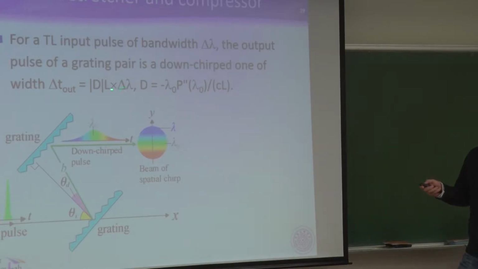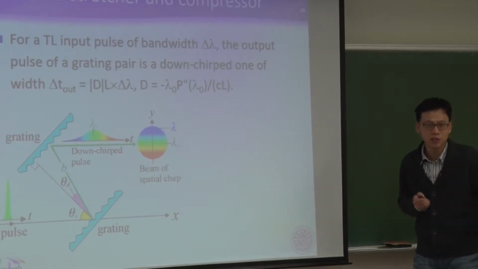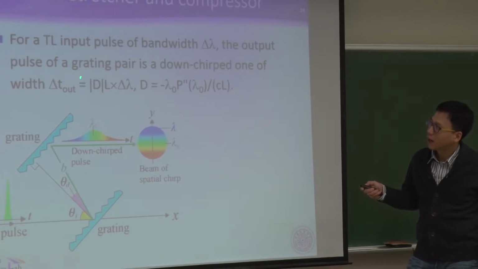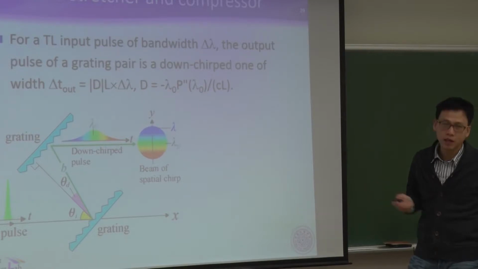Okay, how wide is your output pulse? Remember you have seen this formula before, right? Output pulse duration is about GDD parameter. Sorry, this is not GDD. GVD parameter, D times the walking distance times the bandwidth, right?